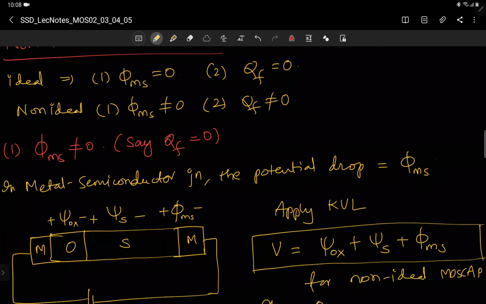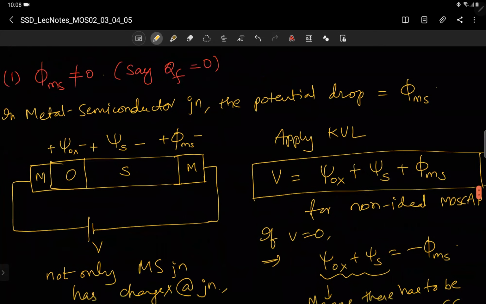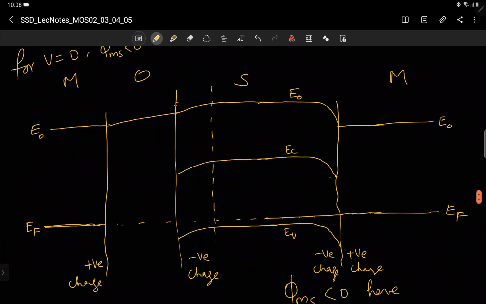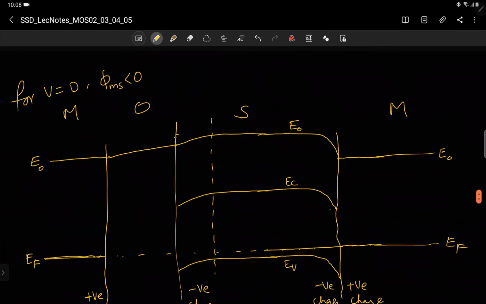So we proceeded forward and we drew the band diagram and showed how for phi ms not equal to 0, even at V equal to 0, the semiconductor bands will not be flat. All right. So if the semiconductor bands are not flat for V equal to 0, then it is non-ideal.